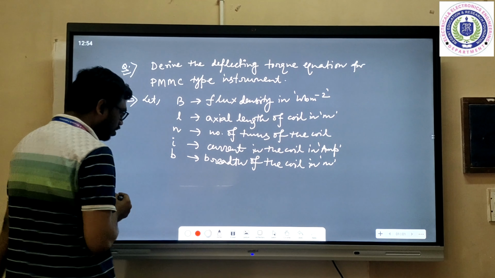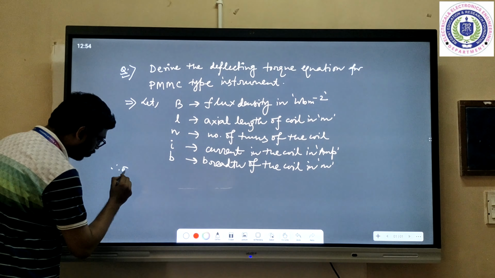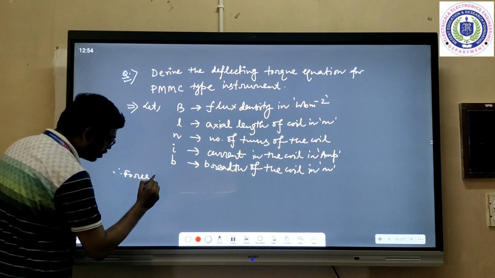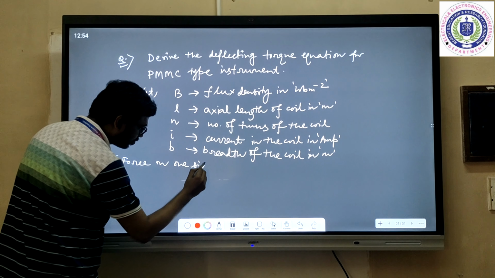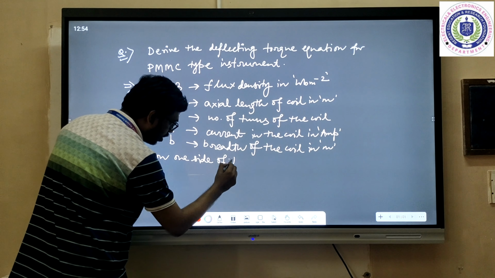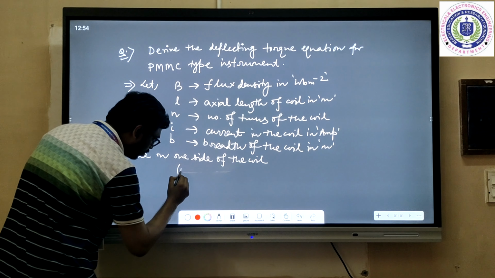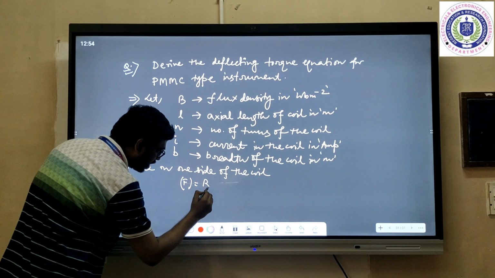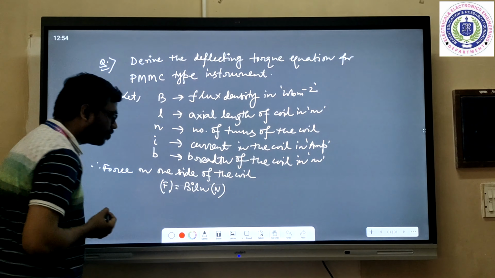So what will be the value of force? So force on one side of the coil is equal to BILN Newton.